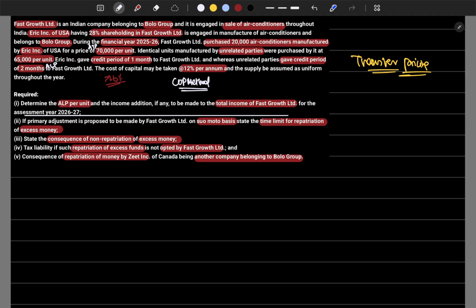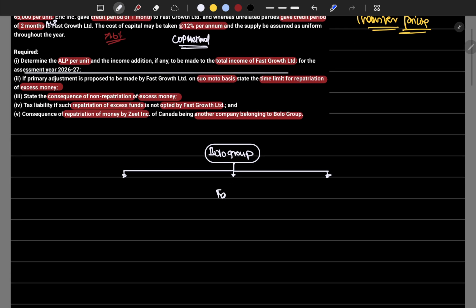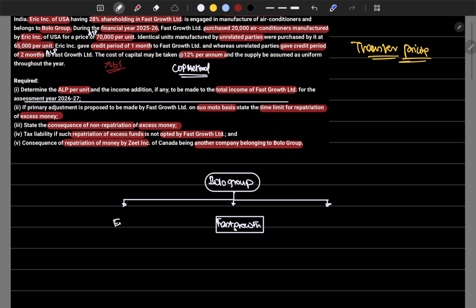Bolo Group has Fast Growth, the Indian company. Eric comes into play, and Zeet at last comes into play.